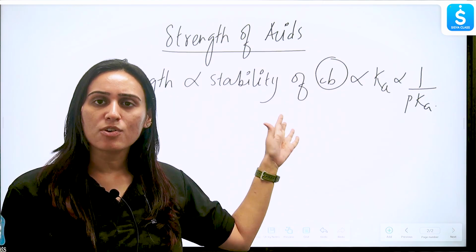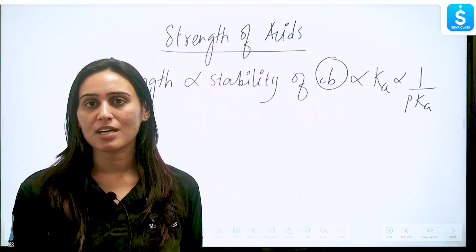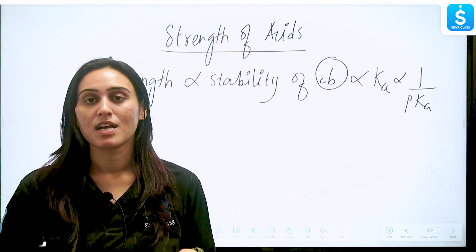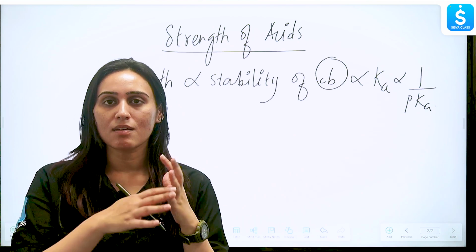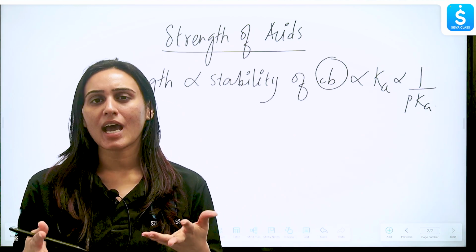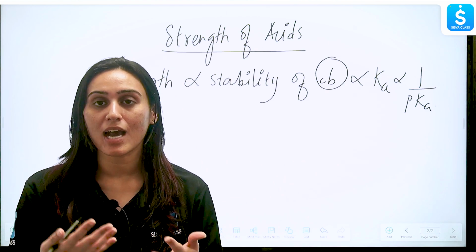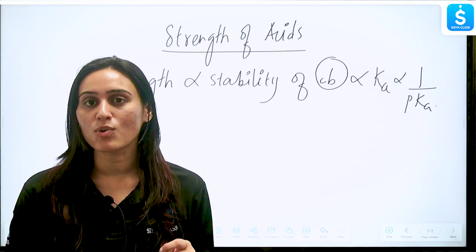But how do we compare the stability of this conjugate base? The proton that you have removed will give you a negatively charged species. So how do we stabilize something which is negatively charged? Maybe move that charge around, that will neutralize it, or attach some electron withdrawing groups to it. Depending upon what type of compound is given to you, you will decide which one is more prominent.